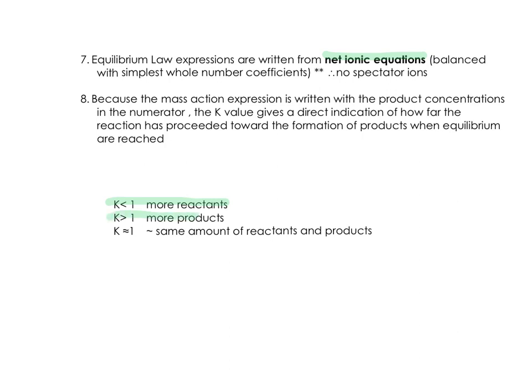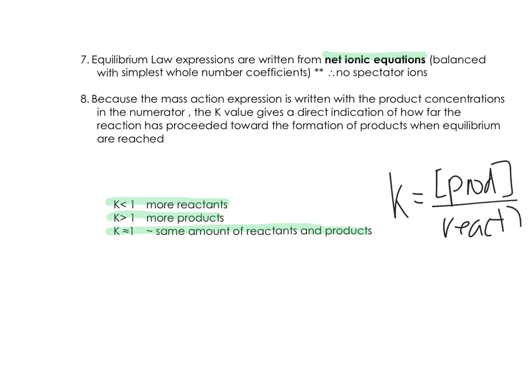If K is greater than 1, you have more products because it's products over reactants. And if it's approximately 1, you've got equal amounts. And that comes from the fact that K is products over reactants.